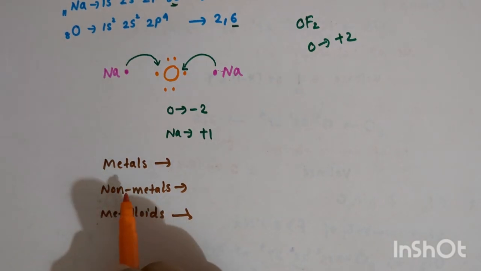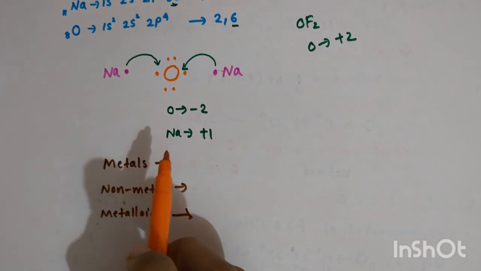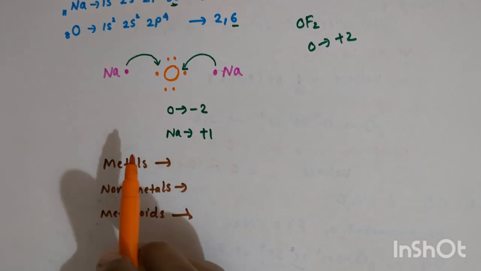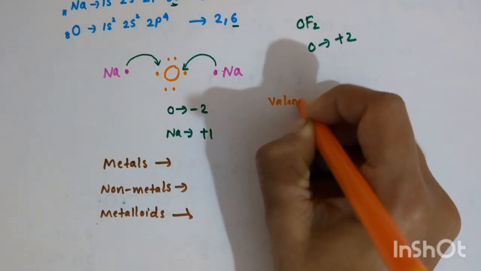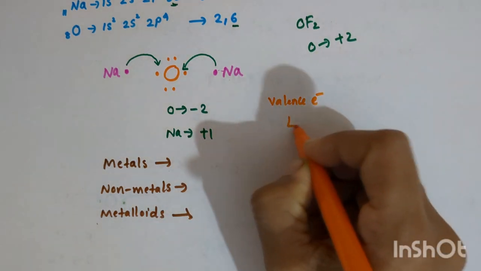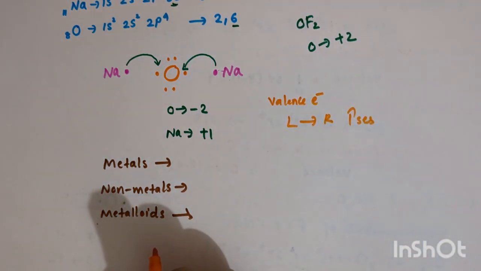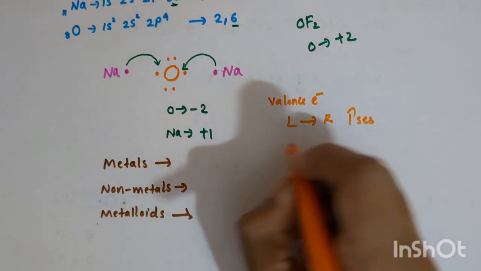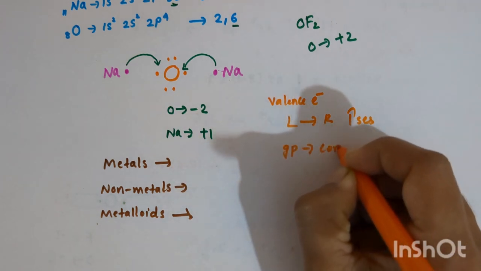Considering the periodic trends of valence electrons, the number increases from left to right across a period and remains relatively constant down a group.